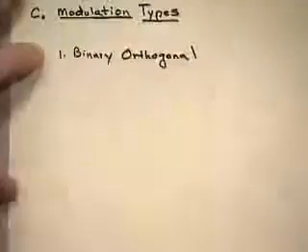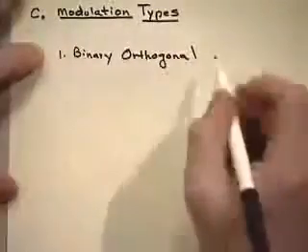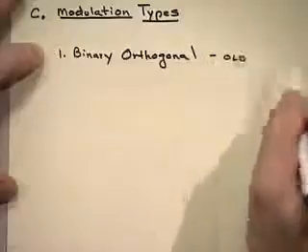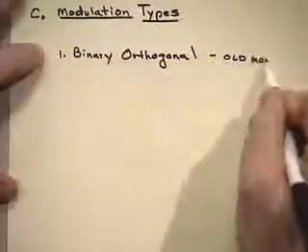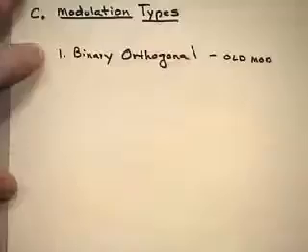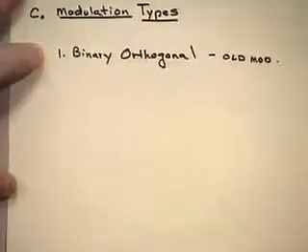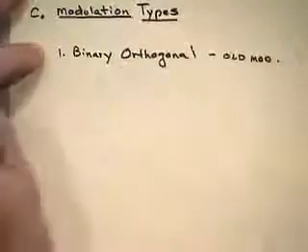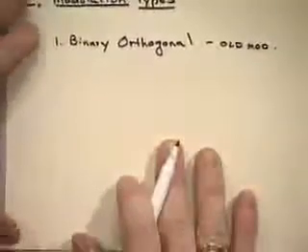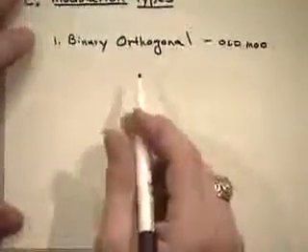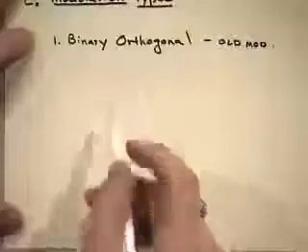Now this first one is a very old modulation type. You don't see it too much, but it goes by the general name of binary orthogonal. Often very cheap to implement the detector for systems that are binary orthogonal.